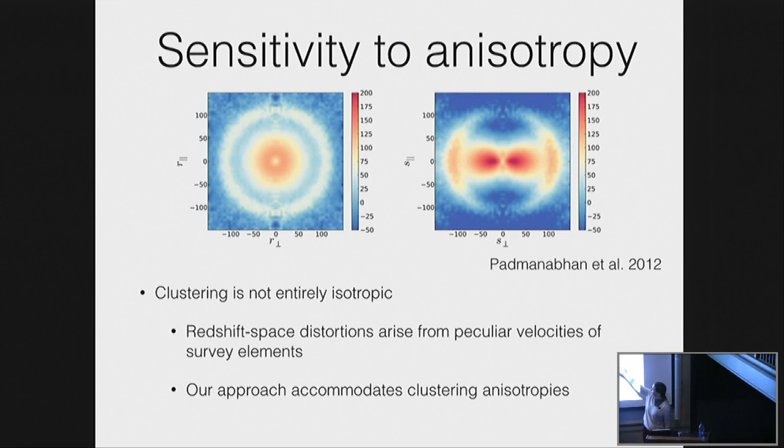And this is a plot of the correlation function for the same thing in redshift space. We can see that there's been some squishing going on here that's not isotropic in X and Y, and that's due to peculiar velocities, among other things. So our approach is going to attempt to understand and keep track of anisotropies in clustering, not just isotropic clustering.